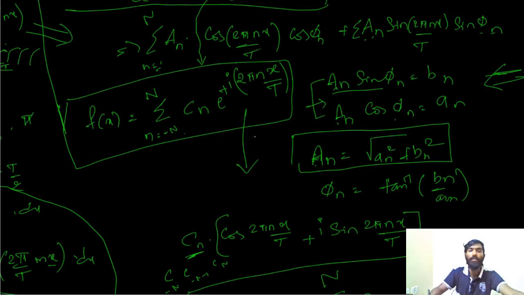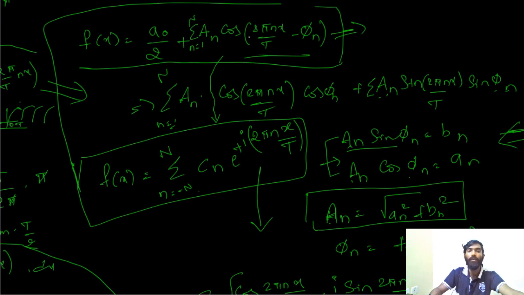So I did this from here. If I am able to represent cos theta in terms of the complex conjugates, it's going to be e power i theta plus e power minus i theta by 2. And this minus i will just go from minus N to N. So there is this complex conjugate.